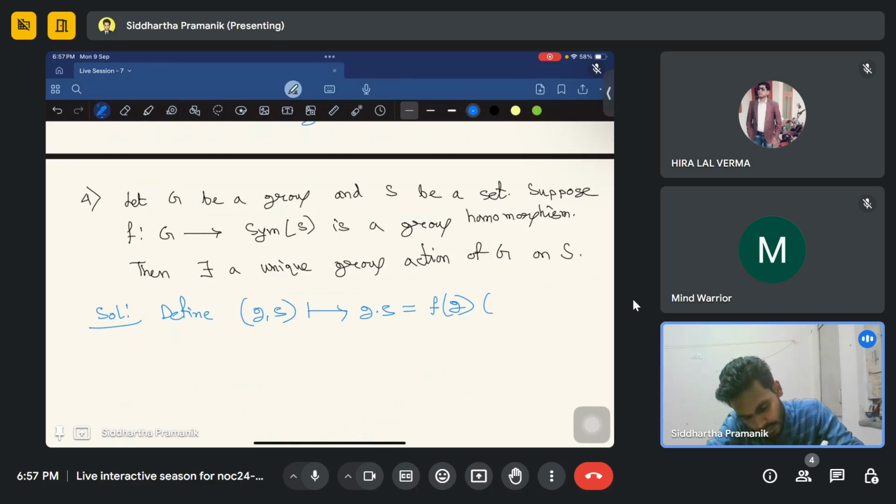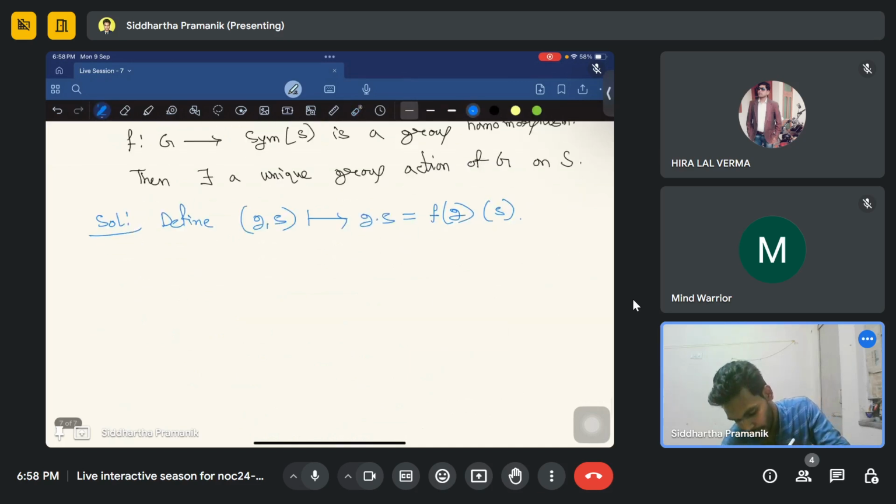So f of g is a bijection of S. So we can see where s is going under f of g. So let's define this function, and we are claiming that this is a group action. So claim: the above function is a group action.